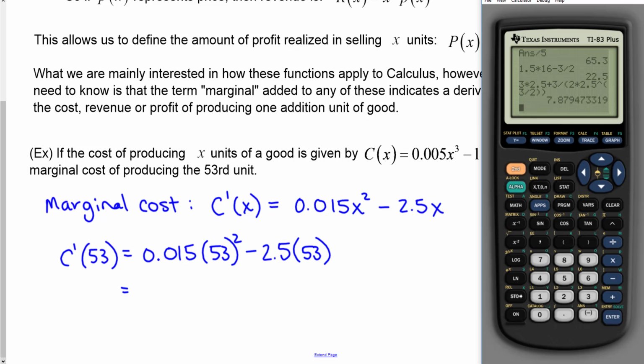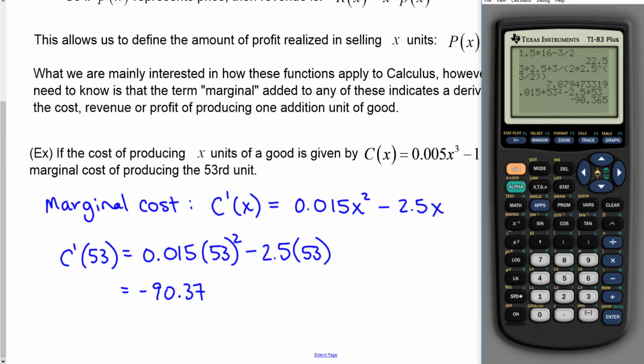And we'll use the calculator here. 0.015 times 53 squared minus 2.5 times 53. So negative 90.37. Right?